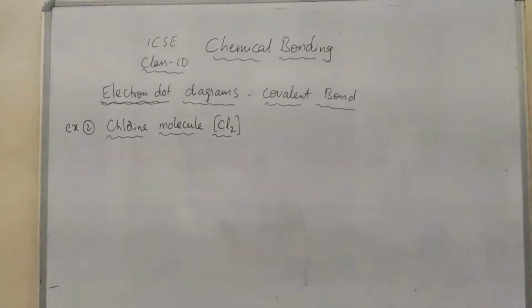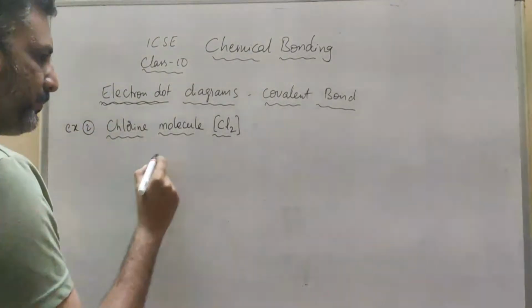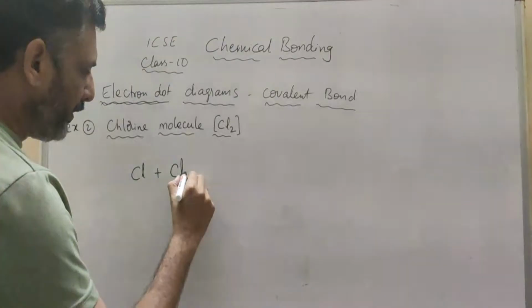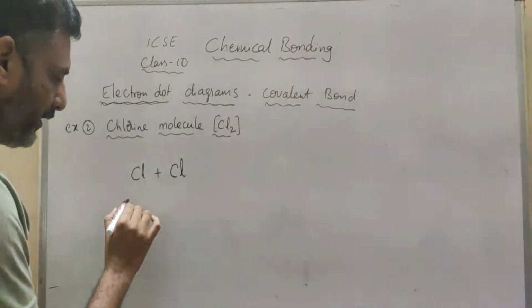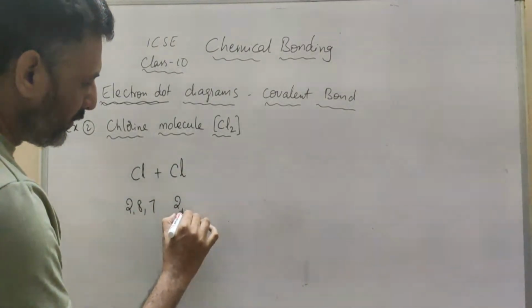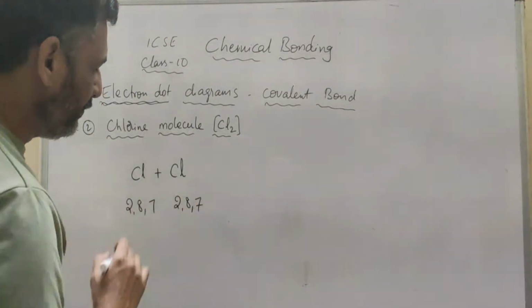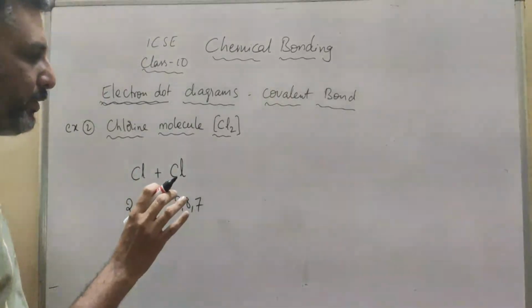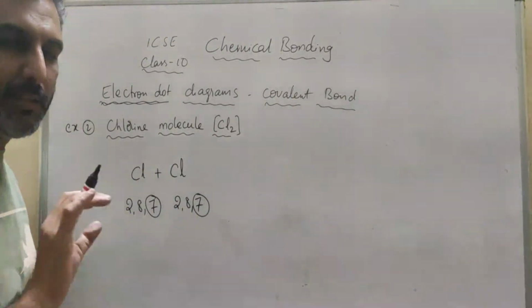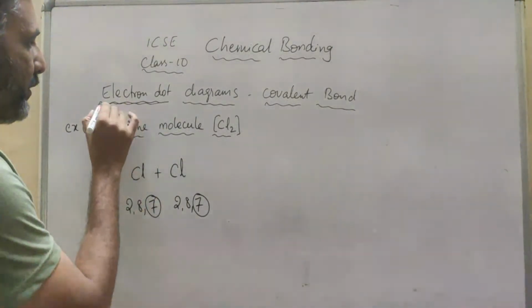Right. So chlorine molecule, again in this case also two chlorine atoms are participating. Let's write the electronic configuration 2, 8, 7, and this is 2, 8, 7. So now we are going to show only the valence electrons. Only valence electrons will be shown in this electron dot diagram.